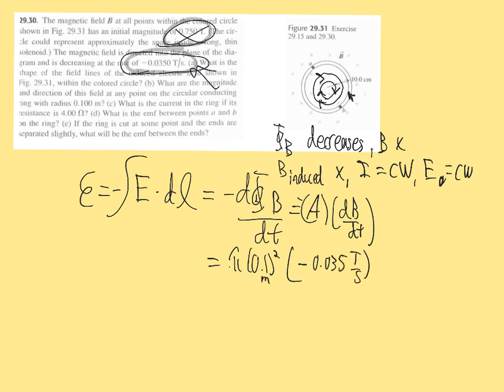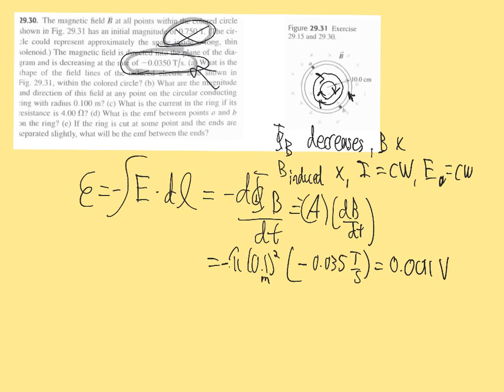This is meters, by the way. So if I take out my calculator and multiply all that out: pi times 0.01, because that's 0.1 squared, times 0.035. Remember, I have a negative in front of this. I multiply all that together and I got 0.0011 volts. So that's the right side.